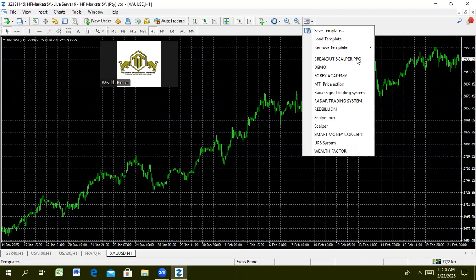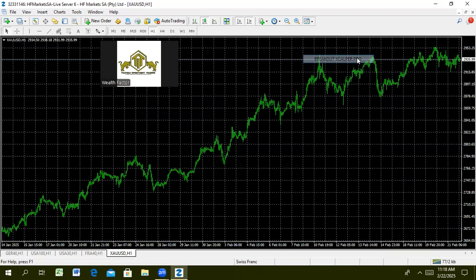So let's see how gold is performing on the breakout scalping signal, right? Remember, 1 hour time frame all the time. We don't change any time frame. We just focus on 1 hour time frame.